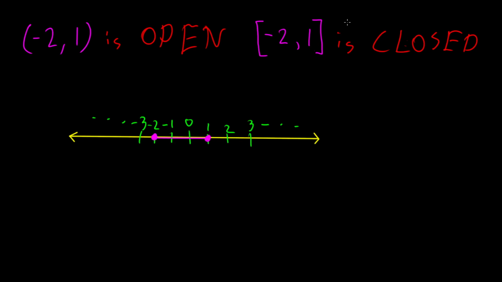But this is open, this is closed. Cool. I think we already knew that. But there's a distinction to be made. If you had [-2, 1] like this, this is neither open nor closed.